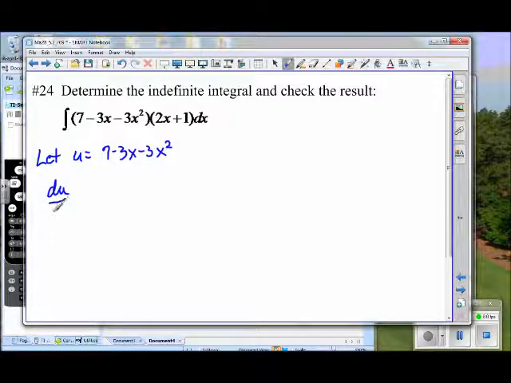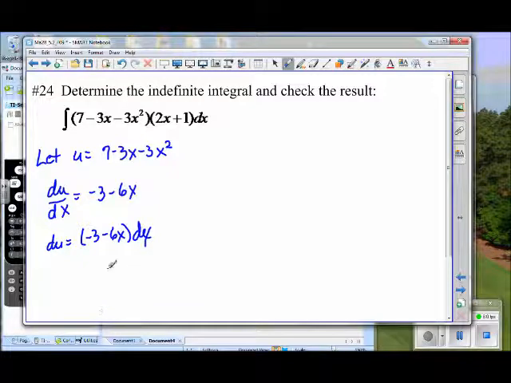Let's take the derivative of that. This would be negative 3 minus 6x. Multiply both sides by the differential dx. We have negative 3 minus 6x dx. And if we look up here, we need a value that represents 2x plus 1 dx.